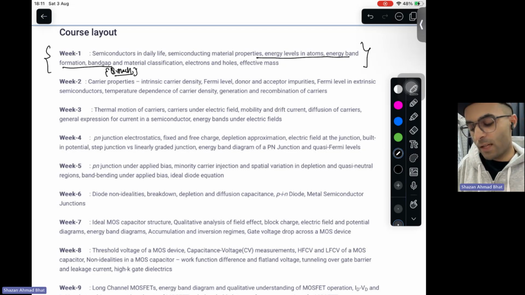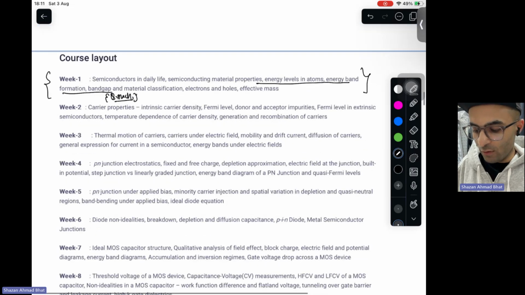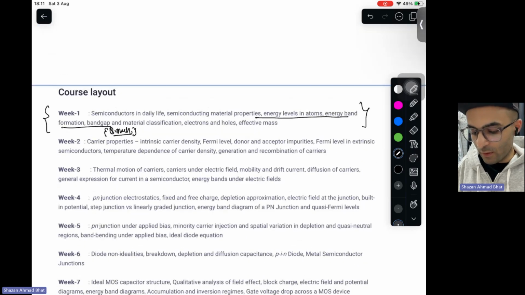All of the energy band formations in the atoms, in the molecules, in the solids come from quantum mechanics. That's why this week will deal with some of the basic quantum mechanical problems like solving the Schrodinger equation, computing the momentum of the photons, how the photons interact with the material with a certain band gap, how the band gap is formed, and what is the concept of the effective mass, what are the electrons and the holes inside the solid state devices.